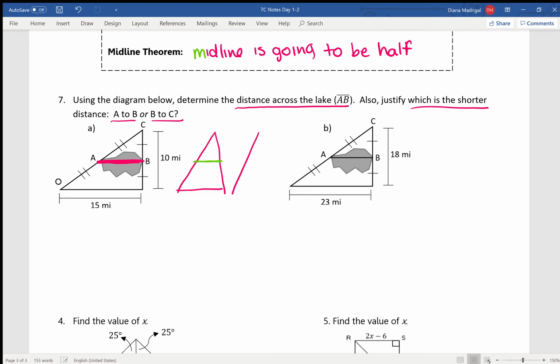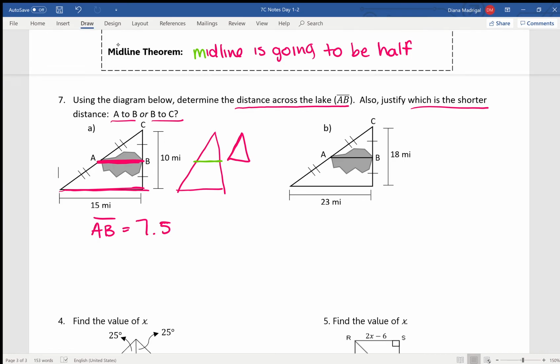So I have this big one, obviously in pink, and then I have this little small one I created with my midline. That midline I told you is going to be half. So if the bottom is 15, that means my midline is going to be half of it. So all you have to do is 15 divided by 2, which is half. That means that AB has to equal 7.5.